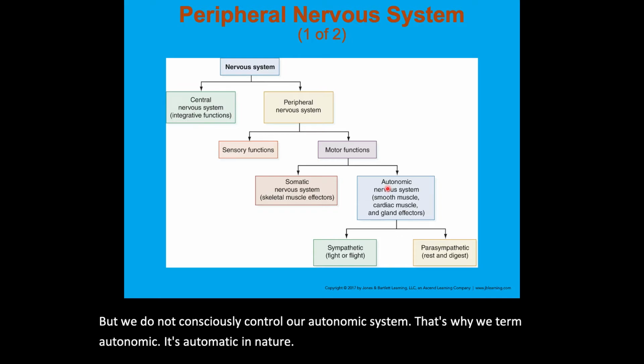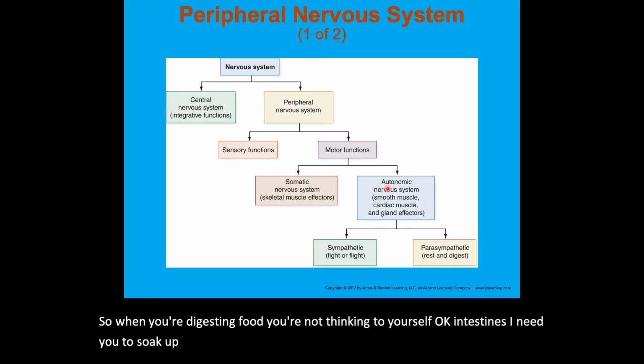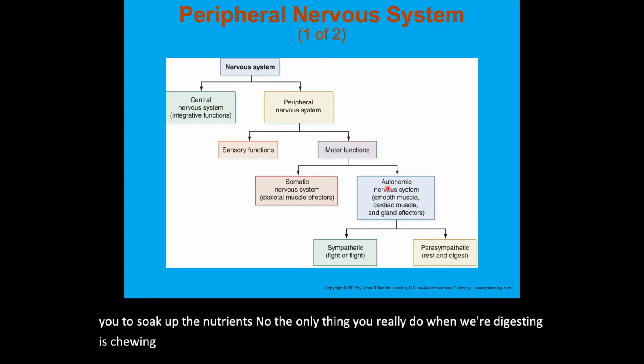So when you're digesting food, you're not thinking to yourself, okay, intestines, I need you to soak up the nutrients. No. The only thing you really do when we're digesting is chewing the food up and swallowing it. The rest is under control from automatic systems within our body.